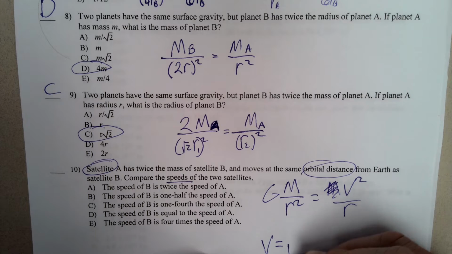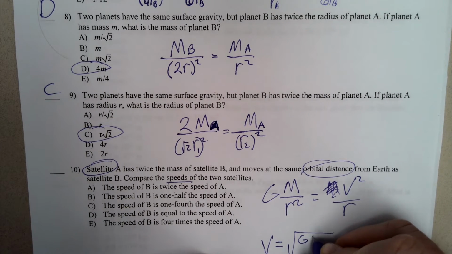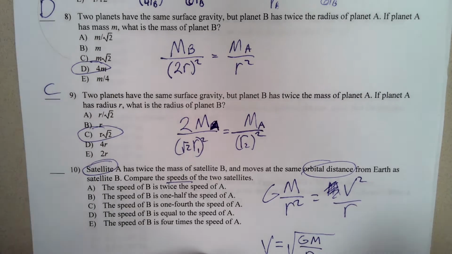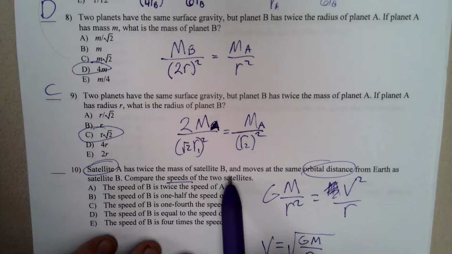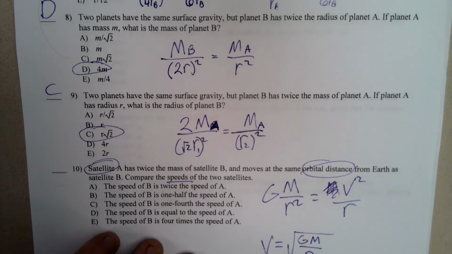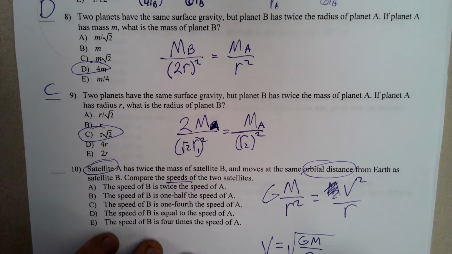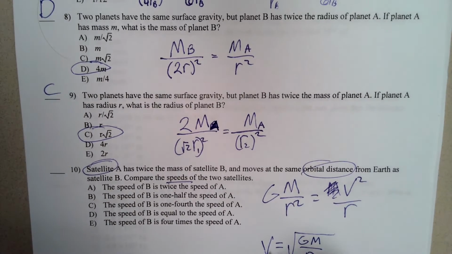V is equal to the square root of G M over R, right? One of those R's is going to cancel out. And then we are going to assume if there's satellites around the same planet, the mass is unchanging. So we're really looking at the relationship between V and R. And in this case, V is inversely proportional to the square root of R.